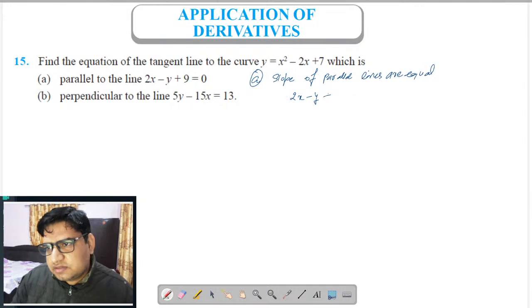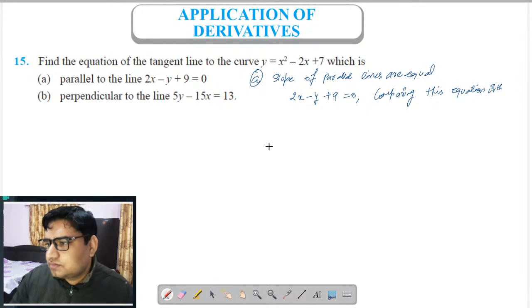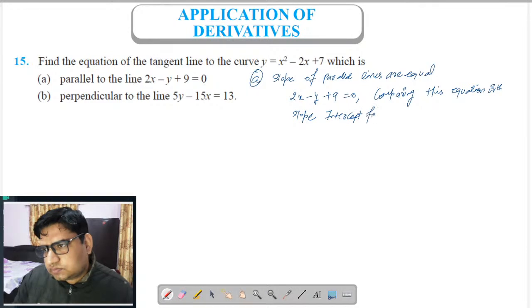So 2x minus y plus 9 is equal to 0. Comparing this equation with the slope intercept form, y is equal to mx plus c.